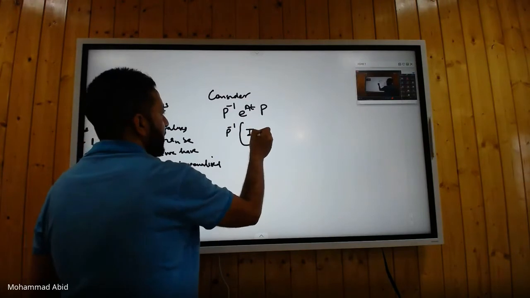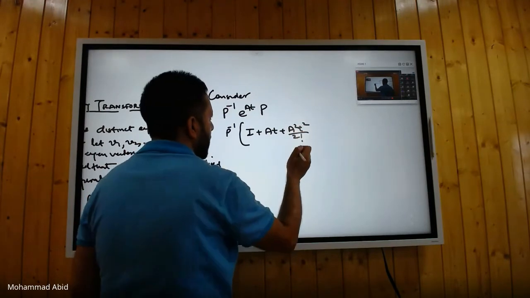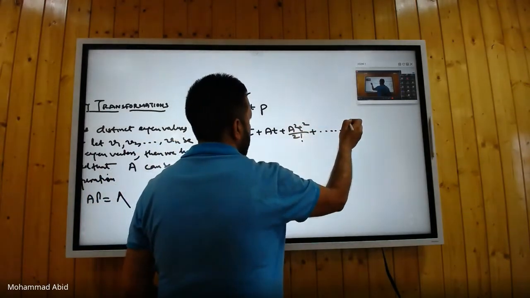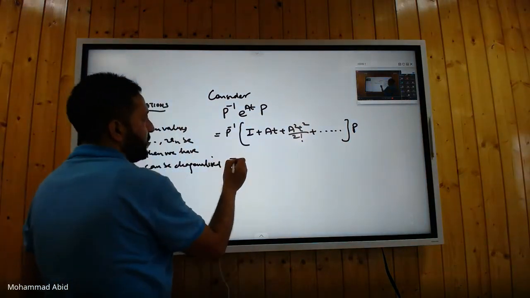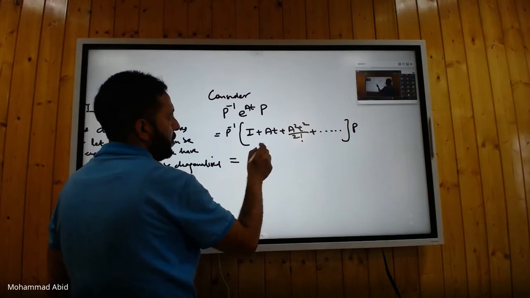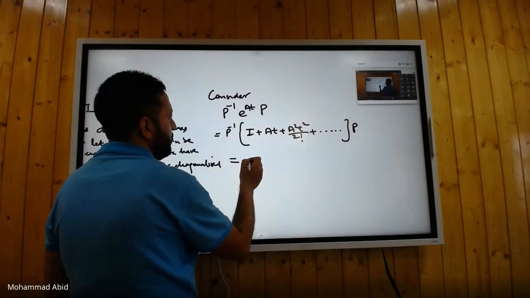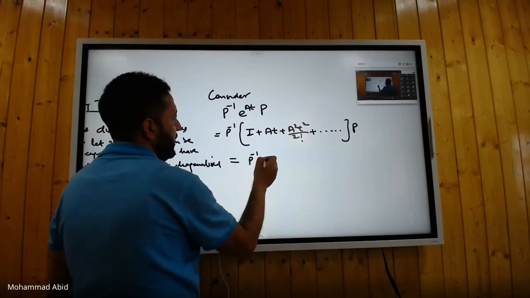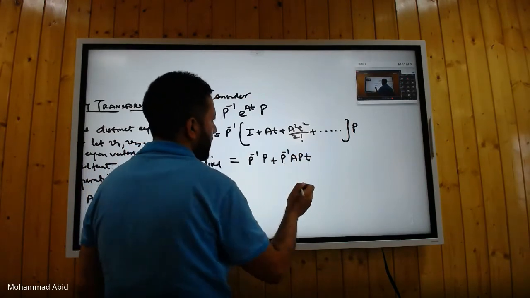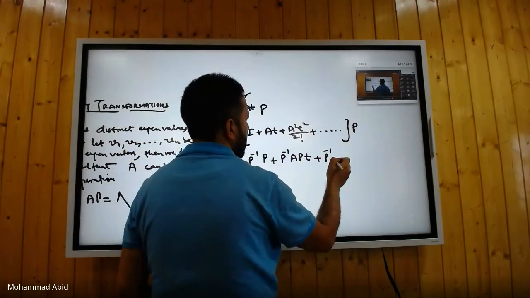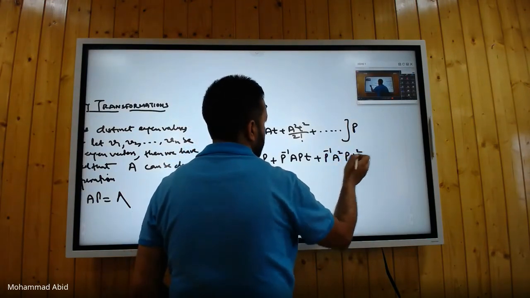This is I plus AT plus A square T square upon 2 factorial plus 1 into P, which is actually equal to, if I take this P inverse and P inside, P inverse P plus P inverse AP T plus P inverse A square P T square upon 2 factorial.